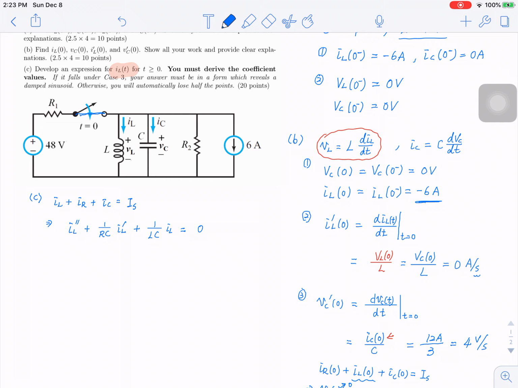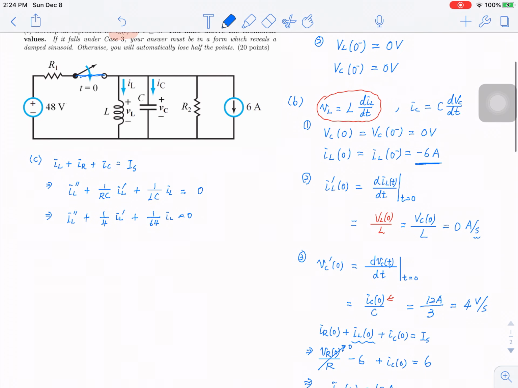And then you plug in the numbers, you get IL double prime plus 1 over RC, which is 1 over 4, IL prime, plus 1 over LC, that is 1 over 64, IL equals 0.